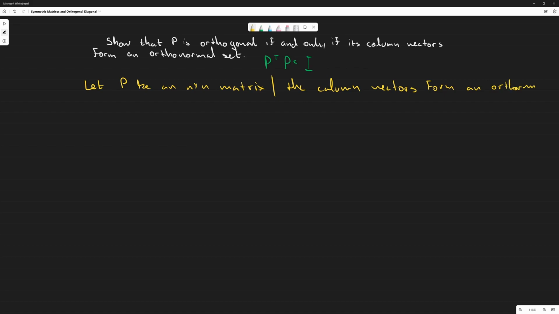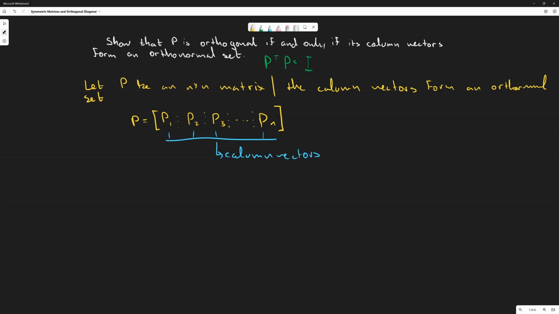And so I am going to put it in terms of capital P: P1, P2, P3, all the way to Pn. And so these are all column vectors.